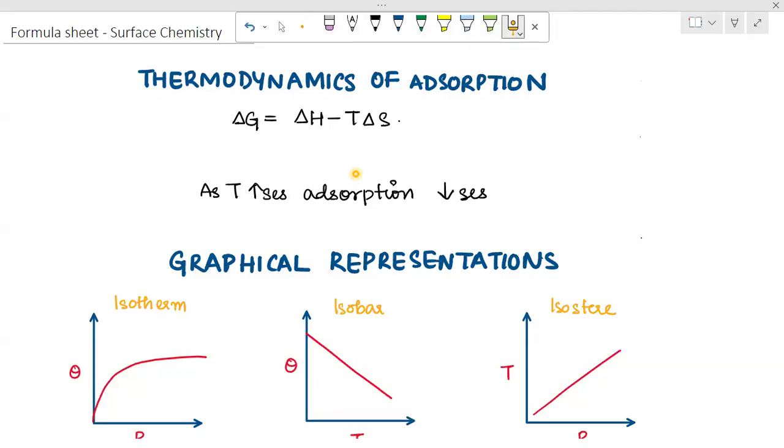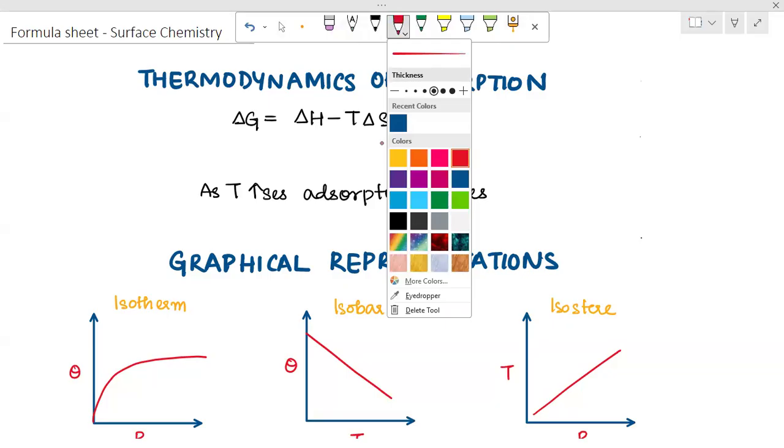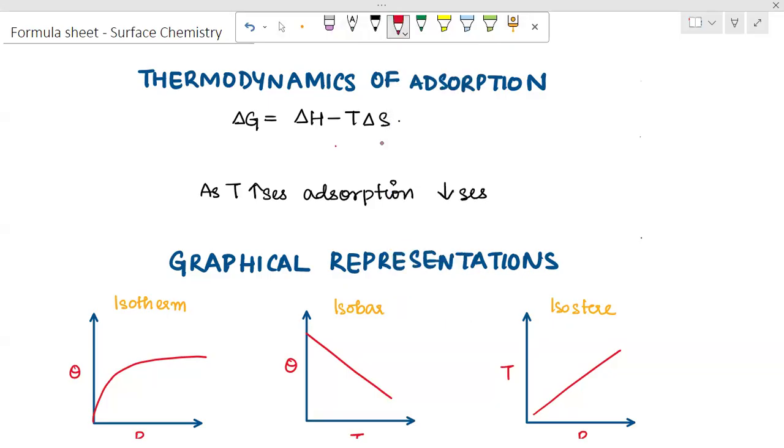So, thermodynamics of adsorption. For adsorption, we already know that this is the equation to follow, where this is the Gibbs free energy.